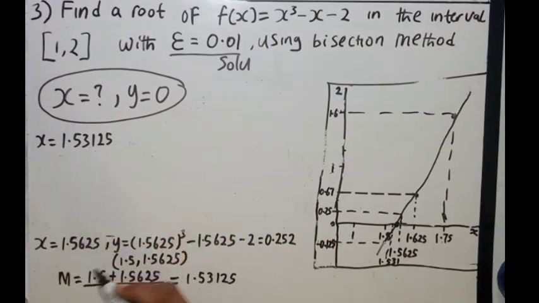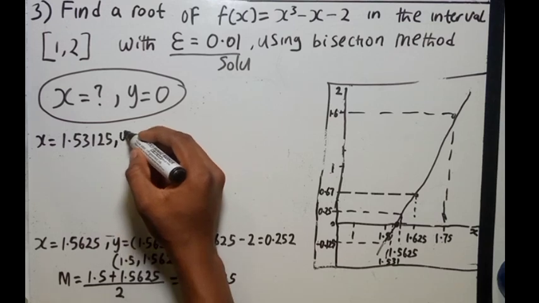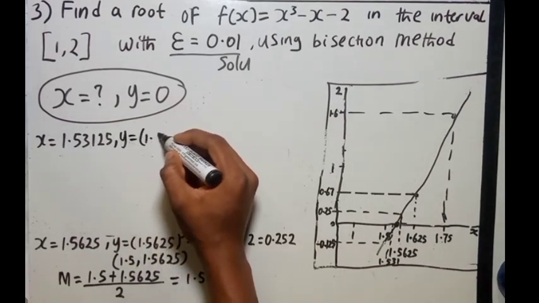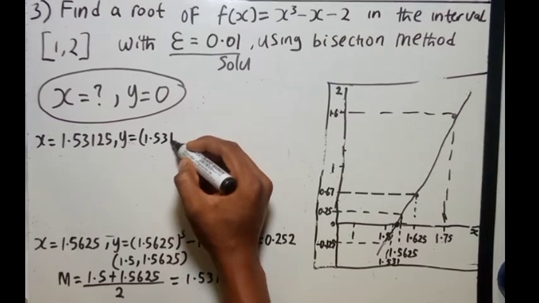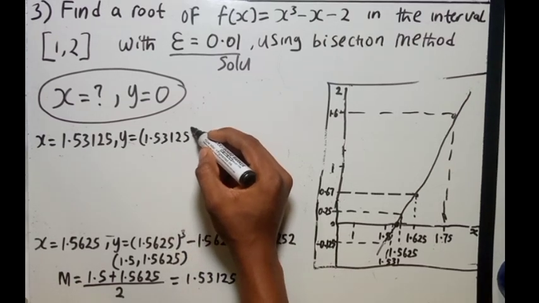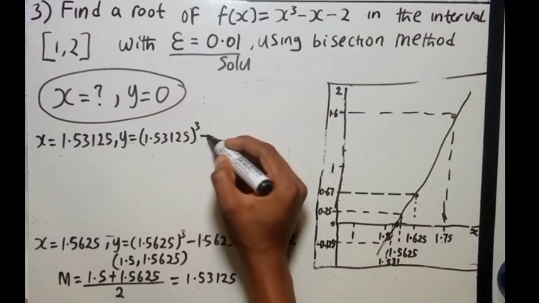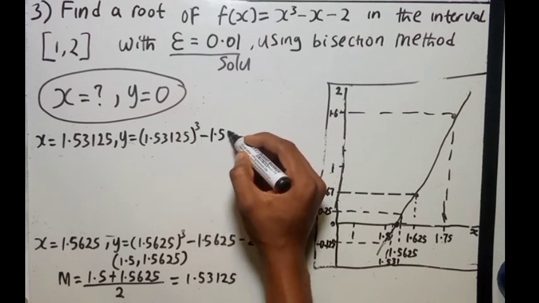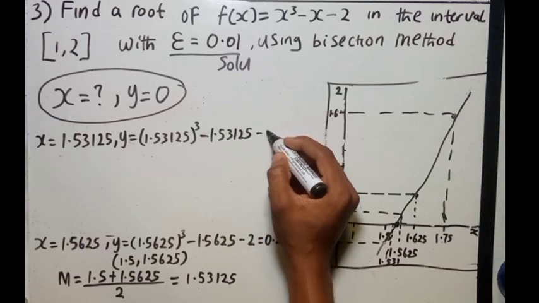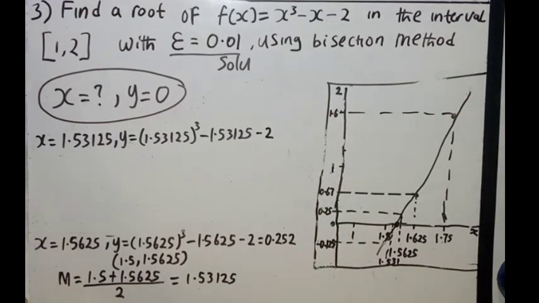So we have y equals 1.53125 cubed minus 1.53125 minus 2. Remember, all this is from this formula.